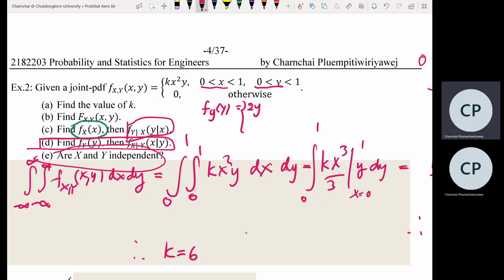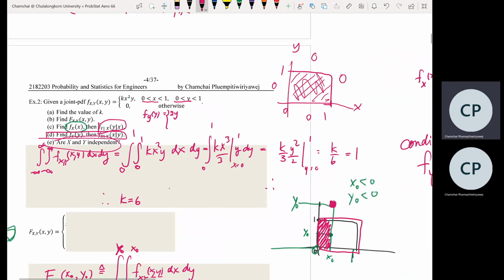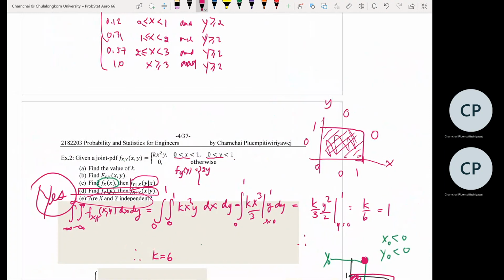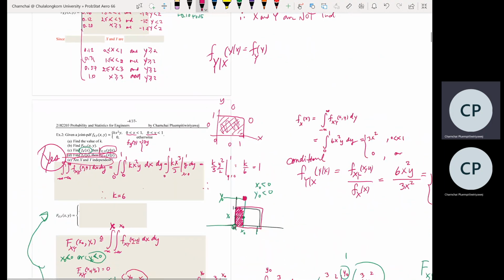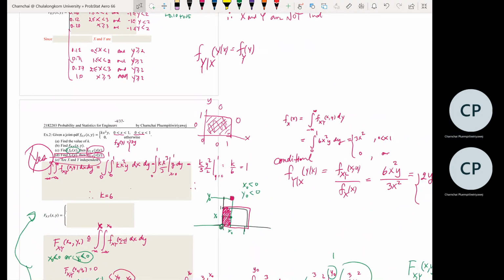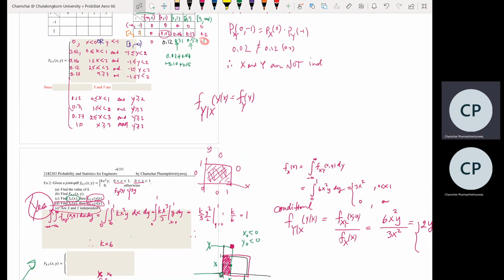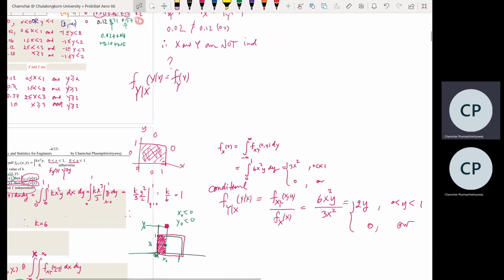Okay. The answer is yes. Why is it yes? If we have the conditional f of y given x, you can check whether f of x given y equals f of x, or f of y given x equals f of y.